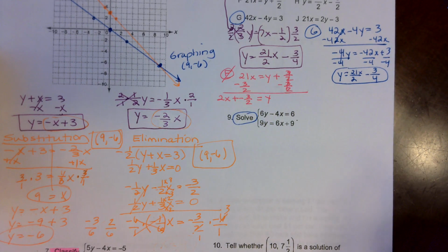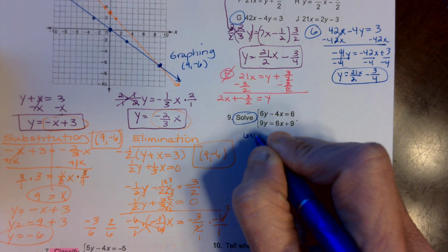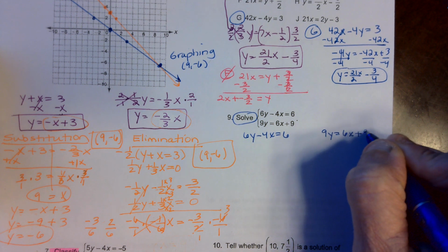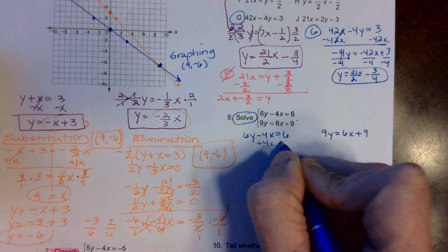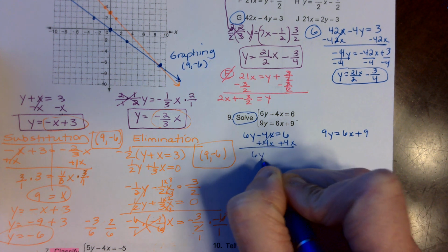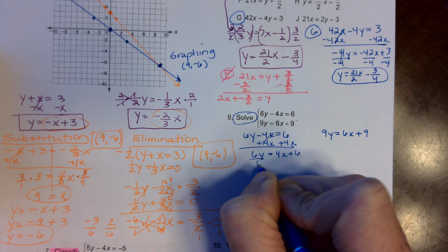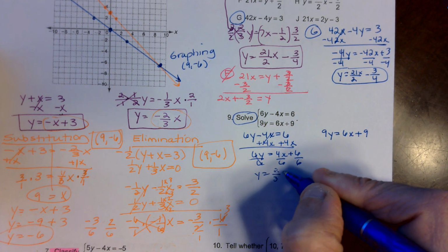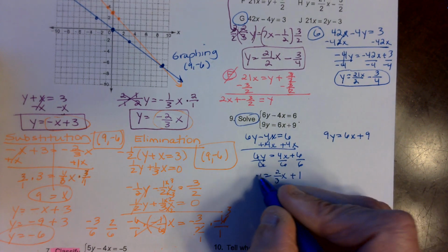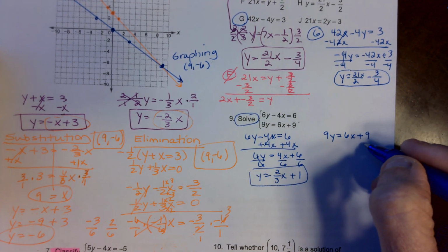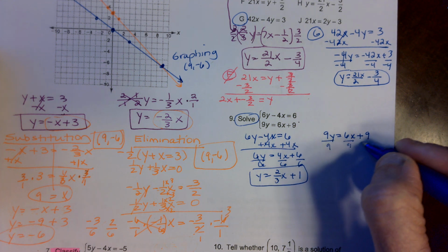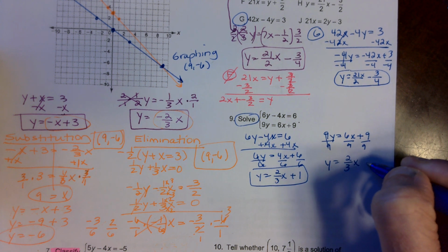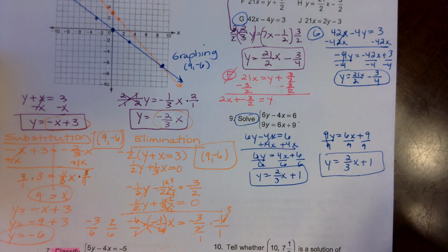So let's see. Again, we got to solve. Lots of solving on this. I'm reducing this 4/6 to 2/3, and reducing the 6/9 to 2/3, otherwise we're not going to be able to analyze.